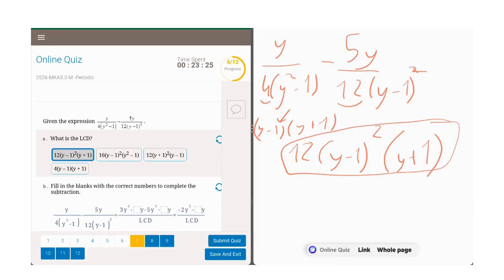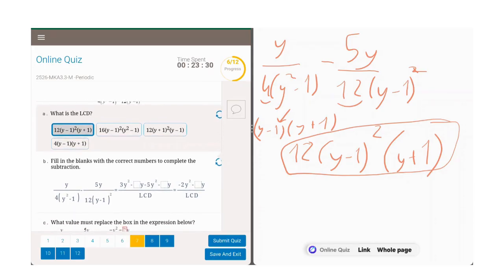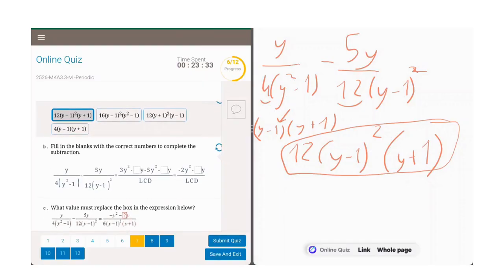So now we multiply whatever we need to each of the fractions. So here, to make 4 times y squared minus 1 into 12 times y minus 1 squared times y plus 1. Here y squared minus 1 is y minus 1 into y plus 1. So all we need to multiply it with is 3, so 4 would become 12.